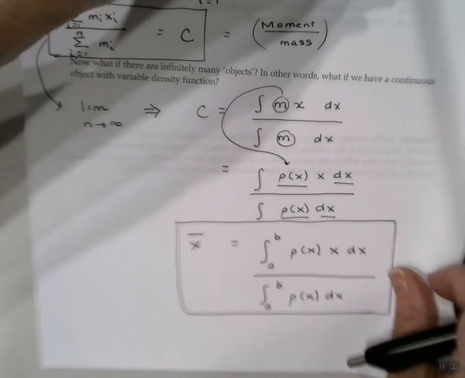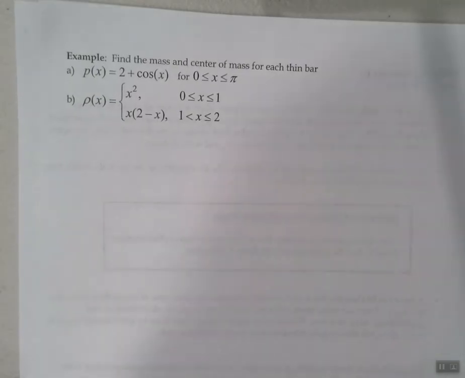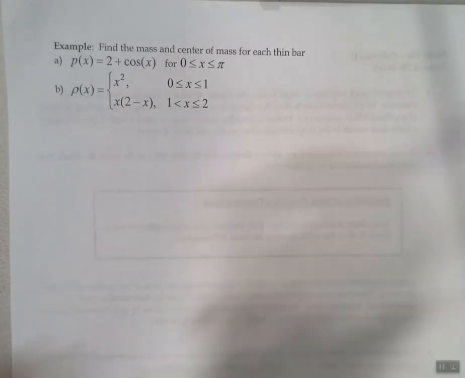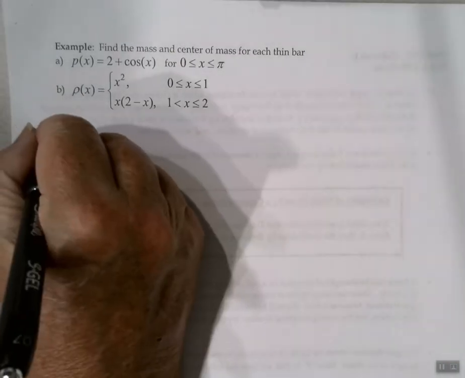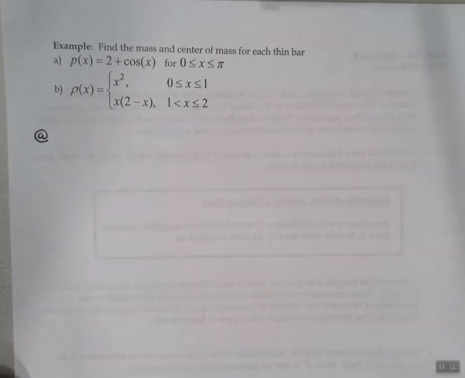All right, lastly, let's just go ahead and use those formulas to do an example or two. So I want the mass and then the center of mass for each thin bar. So in A, there's my density function for a bar that runs from 0 to pi.